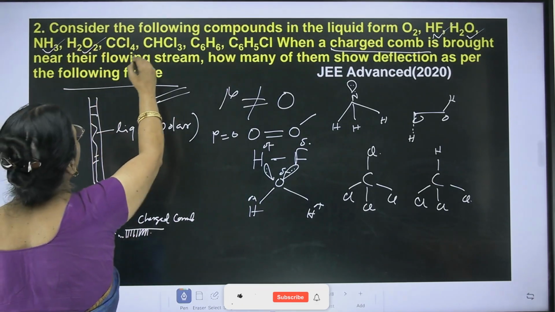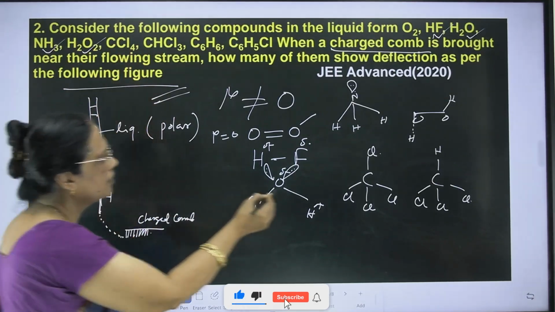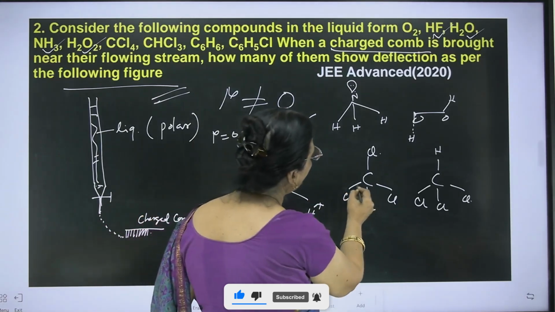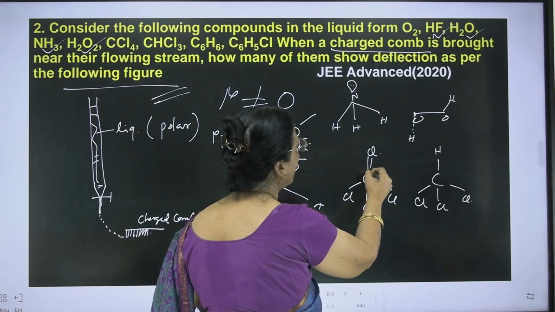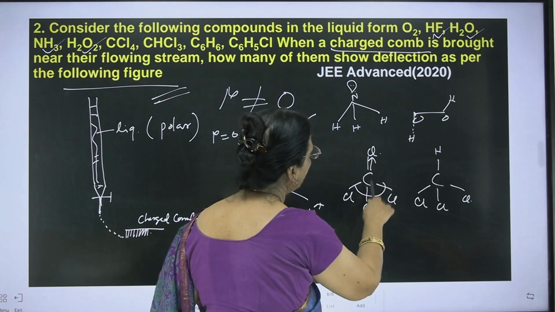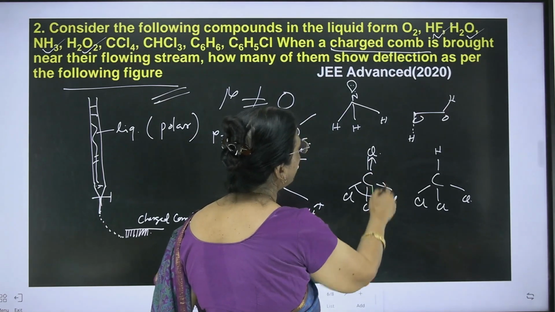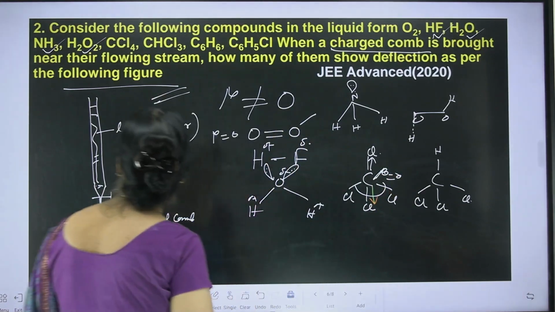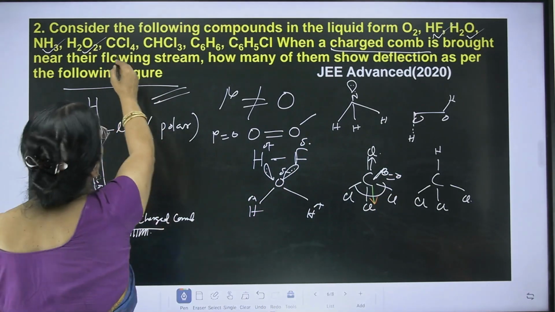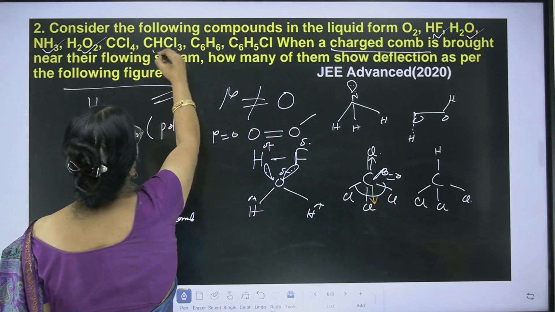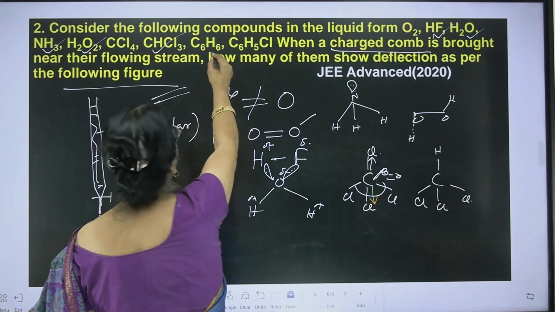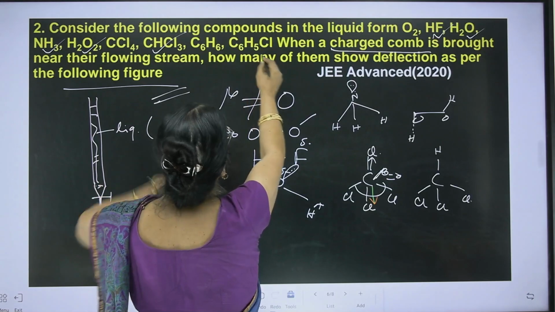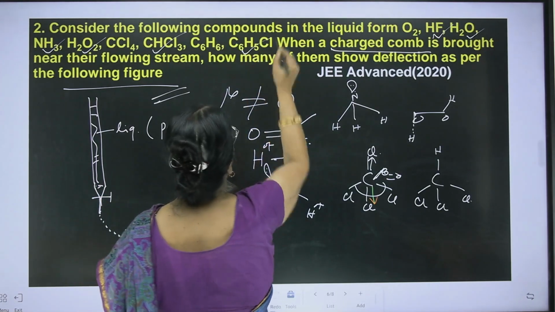H2O2 is not symmetric. Carbon tetrachloride, you see, the net dipole moment here is 0, because the dipole moments and the resultant of this dipole moment will cancel each other. So here net dipole moment will be equal to 0. Clear? So mu is equal to 0. This is non-zero. And this is again 0, symmetric, C6H6, and C6H5Cl is non-zero.